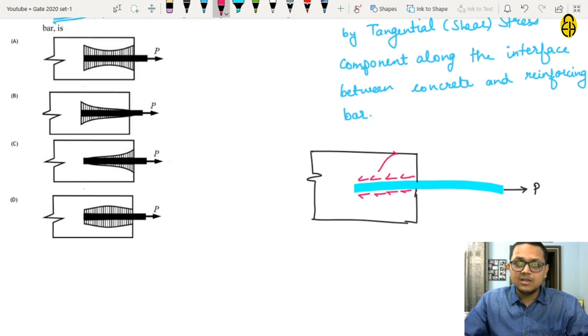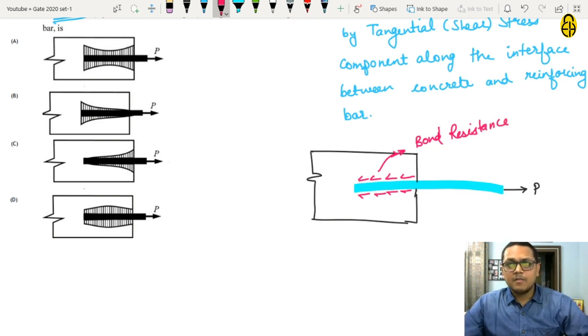Now this is bond resistance offered by the interface, which results in bond stress. As we all know, stress is the result of strain.